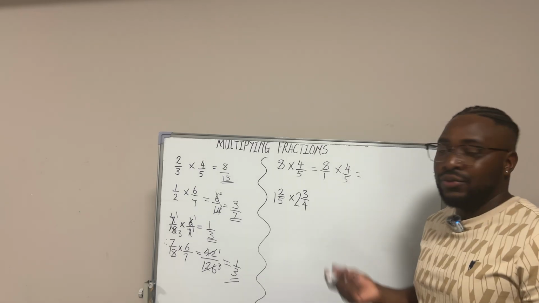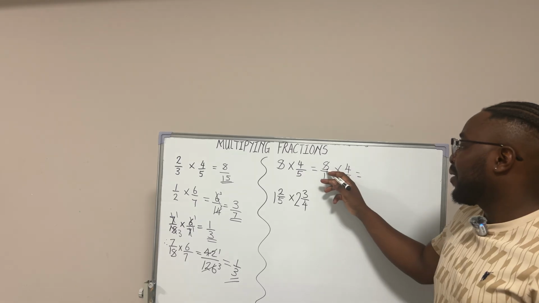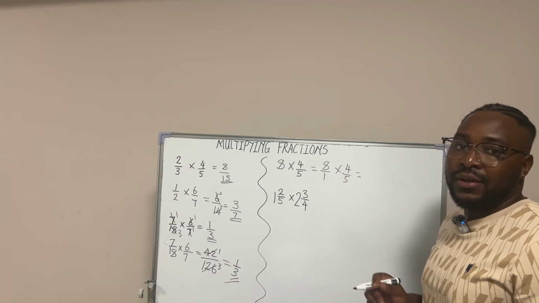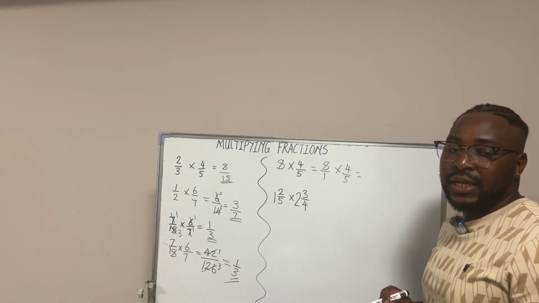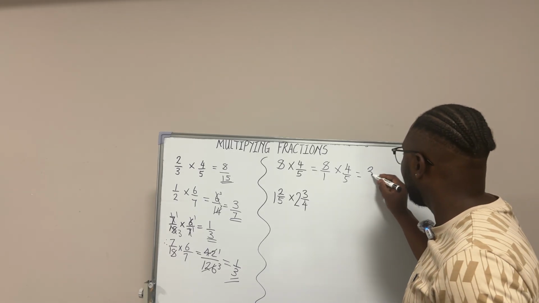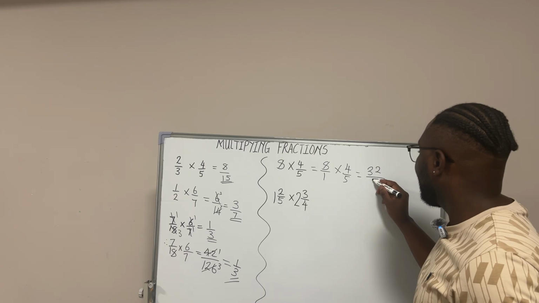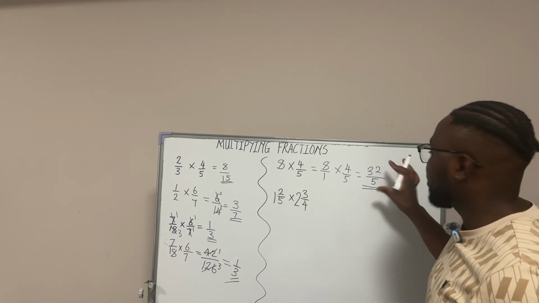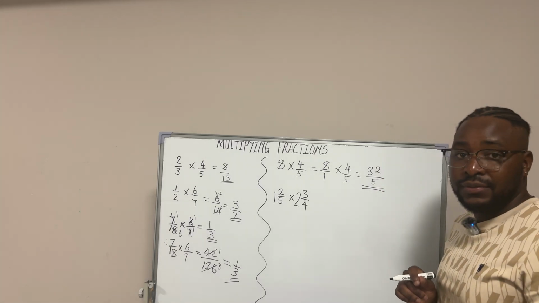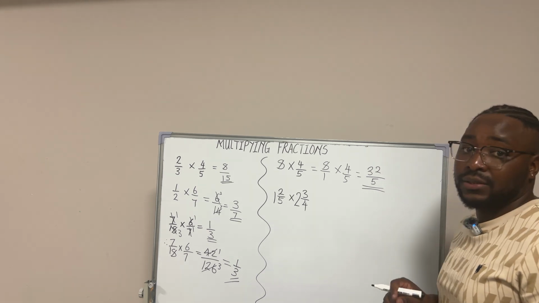What do we have to do? We just multiply the numerators. 8 multiplied by 4 is 32. 1 multiplied by 5 is 5. We can't simplify this fraction, so we just leave it like this.